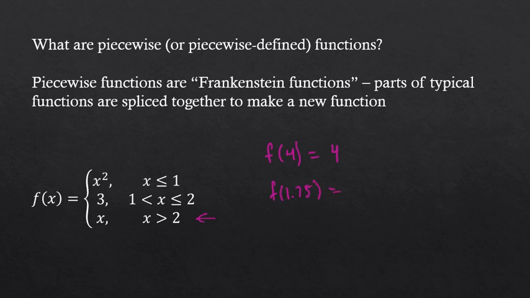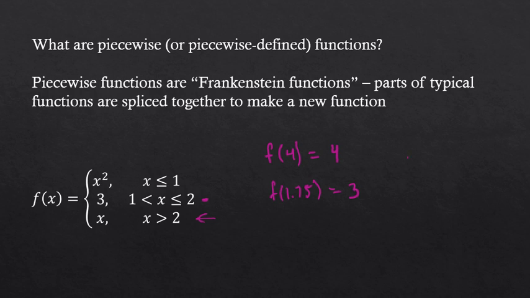If I chose f of 1.75, well, 1.75 is between 1 and 2, so it satisfies this piece here. I plug my x value into this piece, and I always get the number 3 out.